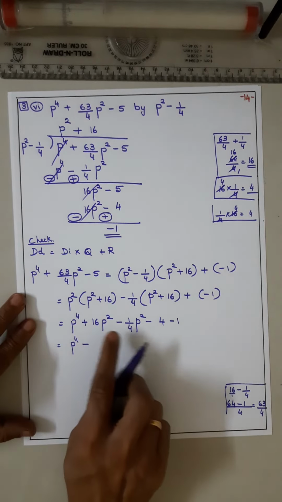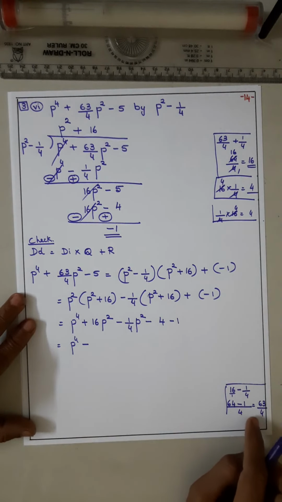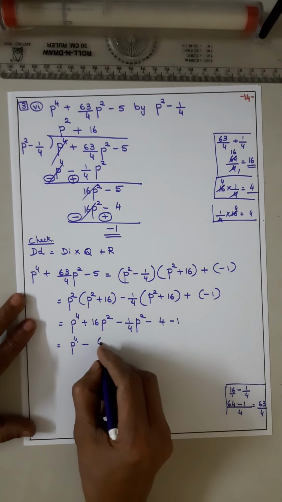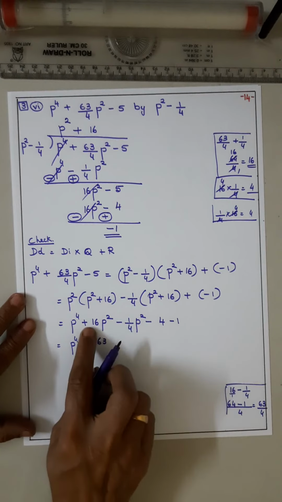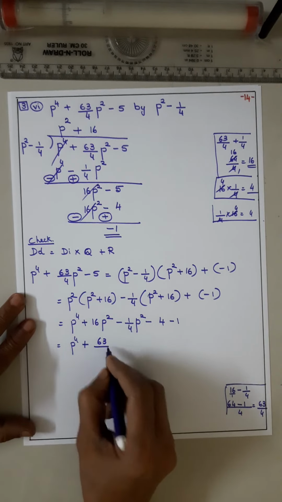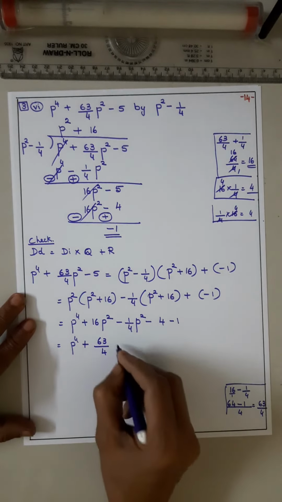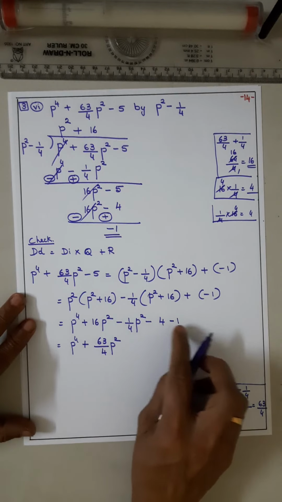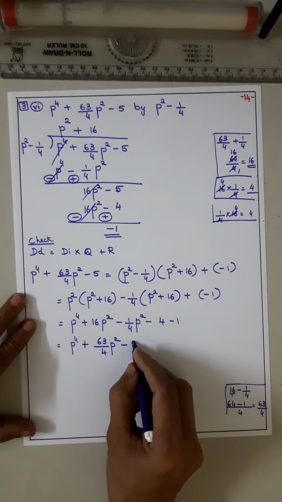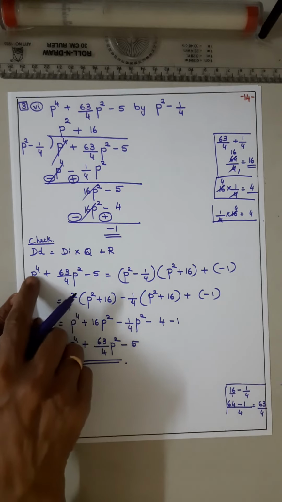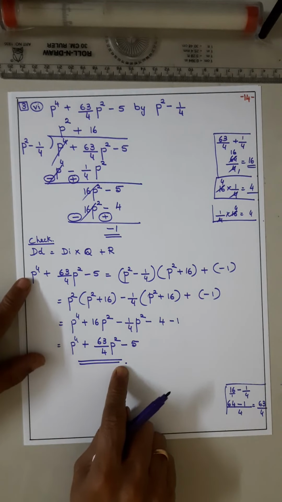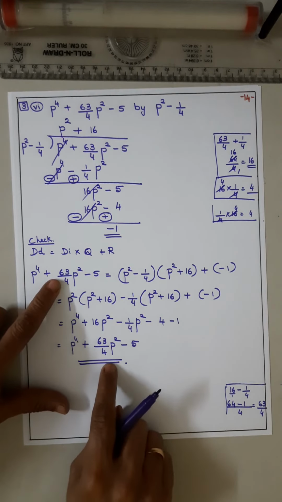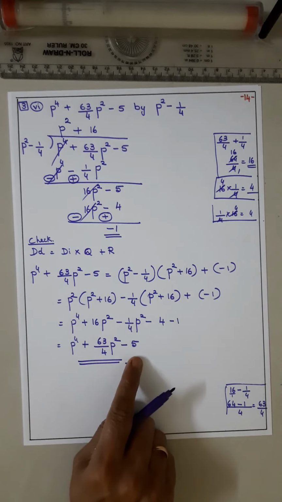So 16p squared minus 1 by 4p squared becomes plus 63 by 4p squared, minus 4 minus 1, minus 5. Same, you got p to the power 4 plus 63 by 4p squared minus 5.